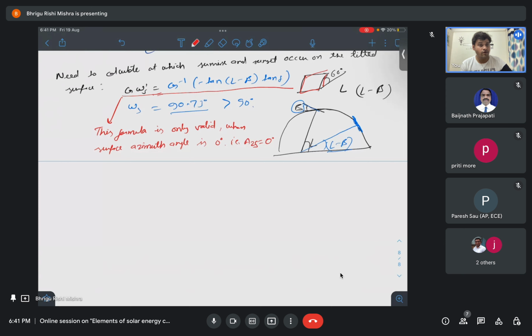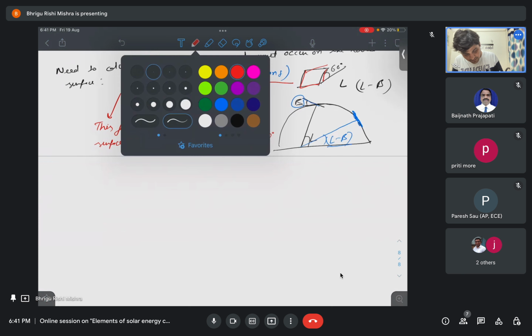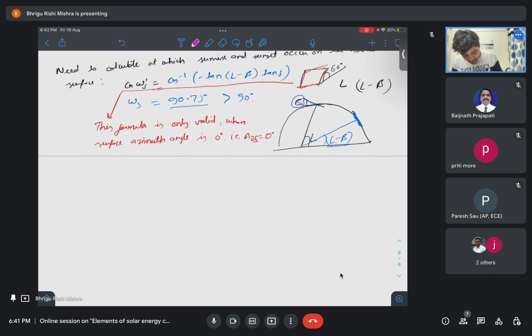We have already seen that for sunrise and sunset, the zenith angle of the sun rays is, sorry, not 0, 90 degrees.